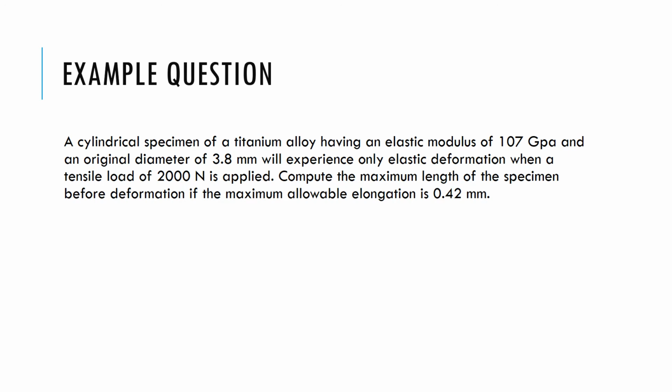Now that's important because only elastic deformation tells us that Hooke's law applies. And we're asked to compute the maximum length of the specimen before deformation if the maximum allowable elongation is 0.42 millimeters.